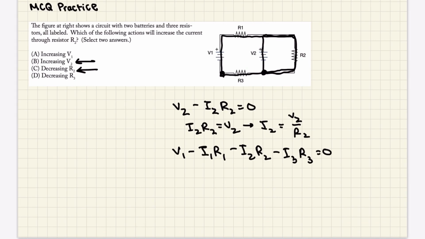Of course, it looks like it is, but you cannot prove it because there are all these other factors involved. You have I1 R1 and I3 R3. Who knows? What if you increase V1? It's going to increase I1 and I3, but not I2. And so there are two answers here that guarantee increasing the current through R2, and so you choose those two, B and C.